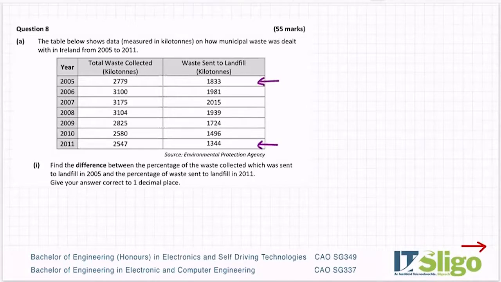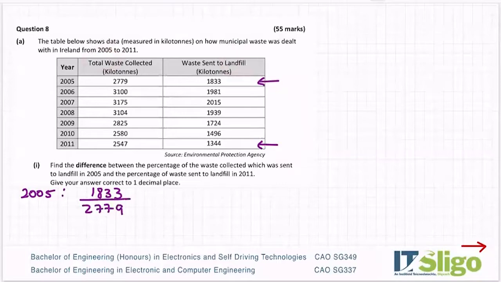Okay, so the percentage of waste collected which was sent to landfill. Okay, so to get percentage, you take what you want over the total. So for 2005, it would be 1833 over 2779.